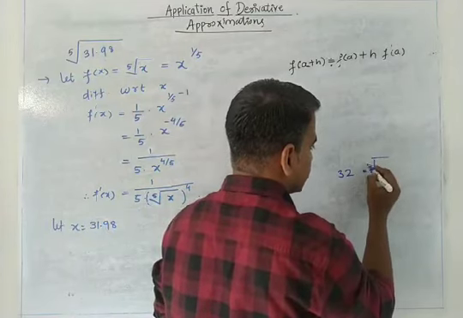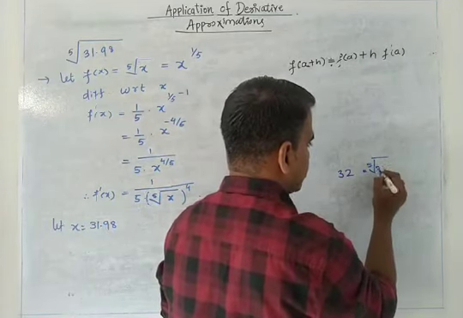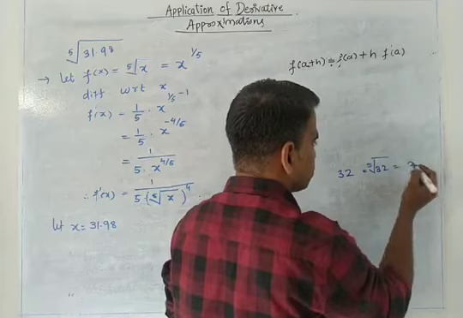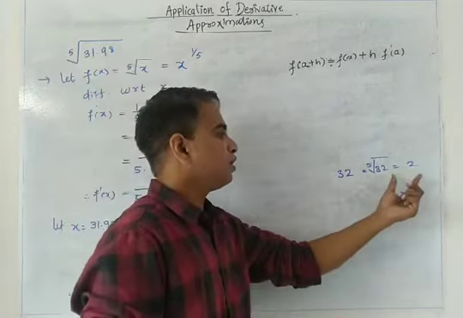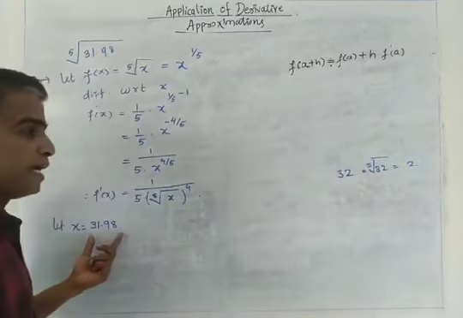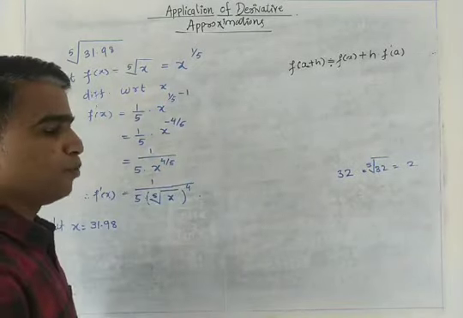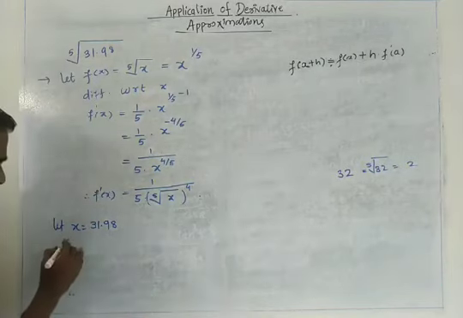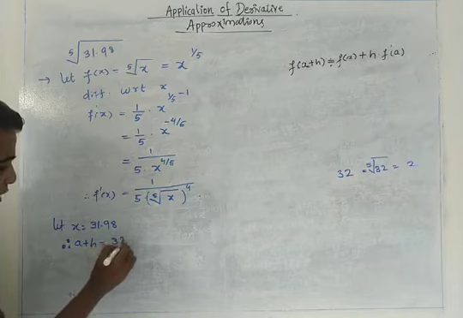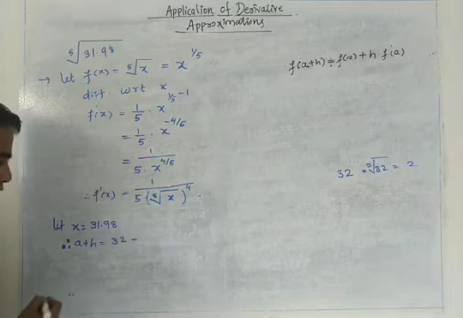So fifth root of 32 is equal to 2. Okay. So 32 is the closest to the number 31.98, and fifth root of 32 we can easily find out, that is 2. So we will convert this value as a plus h, that is 32 minus, now 32 minus what?